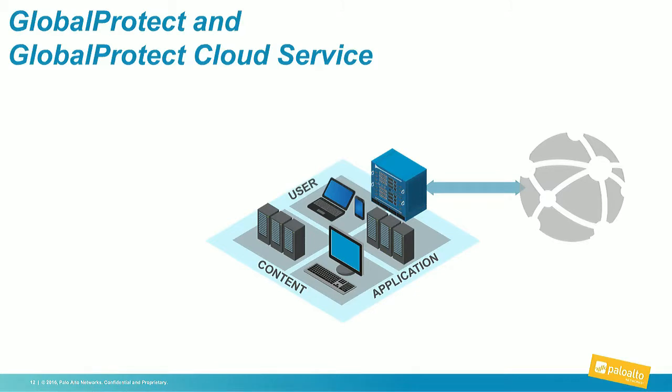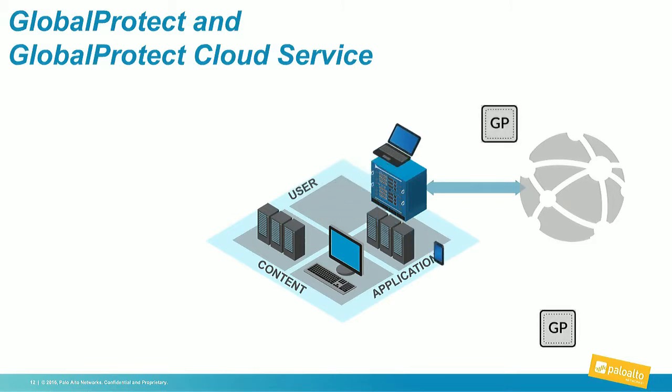And then we have Global Protect and Global Protect Cloud Services. This is ostensibly our VPN solution, but it's policy-based VPNs. And so, of course, as you're in a network, the user base goes through and is controlled by the next generation firewall, URL filtering, access control policy, threat prevention and sandboxing, all that kind of stuff happens there.